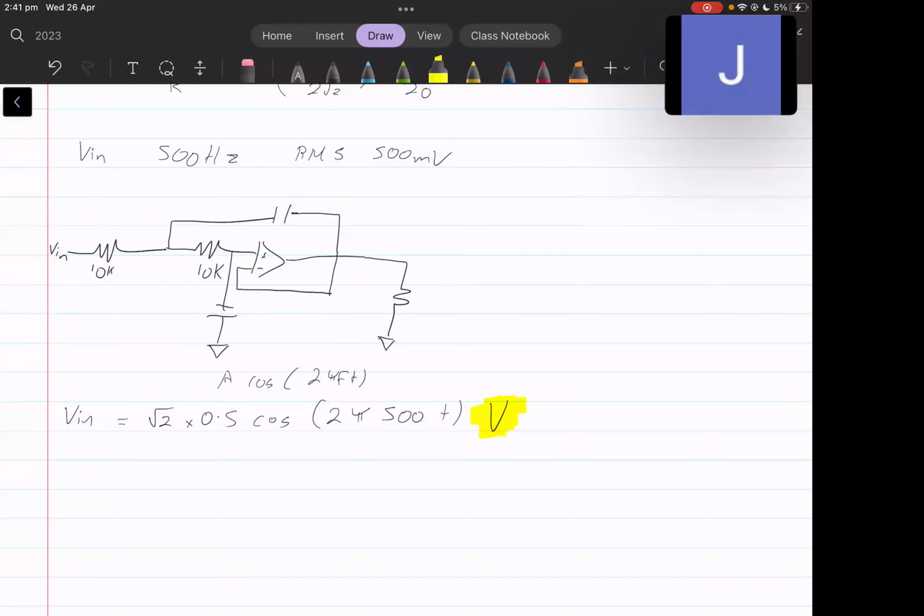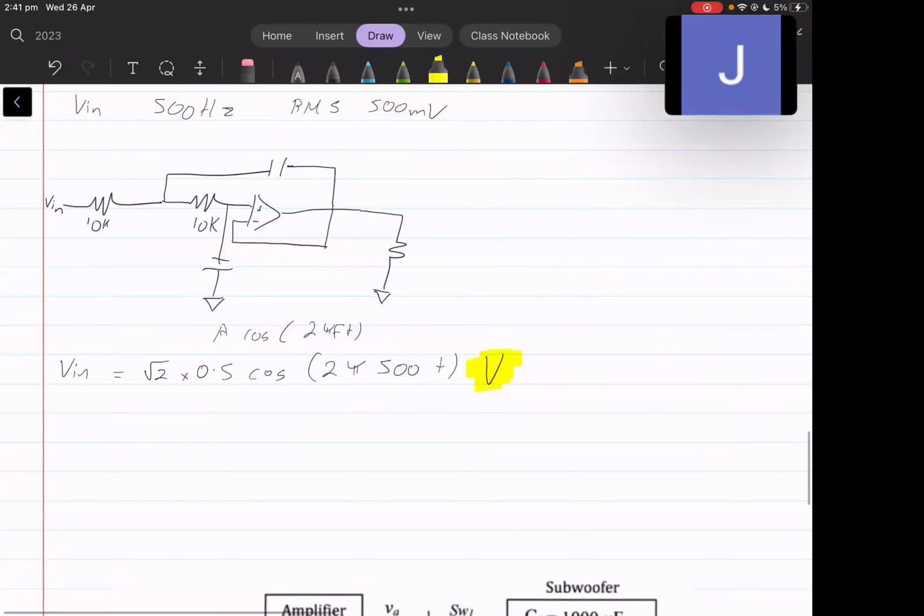And then how would we change this to phasor form? Yeah. Perfect. That's going to be 0. And again, volts at the end.